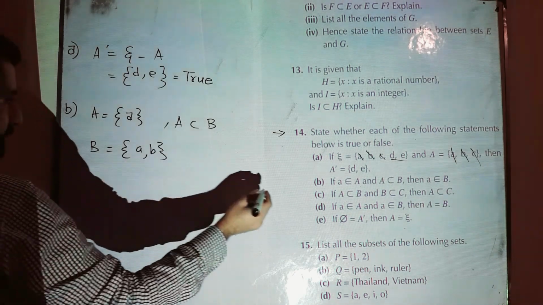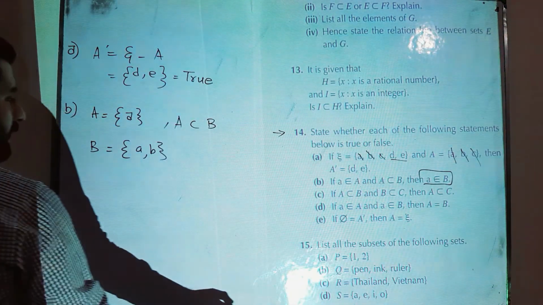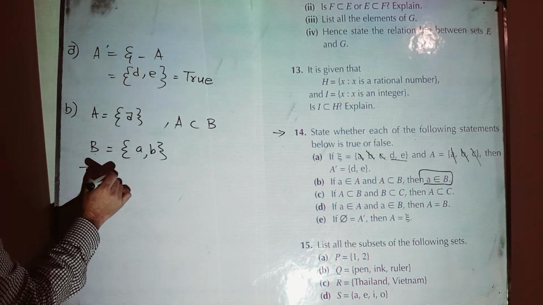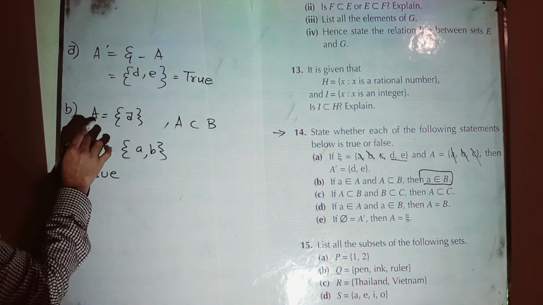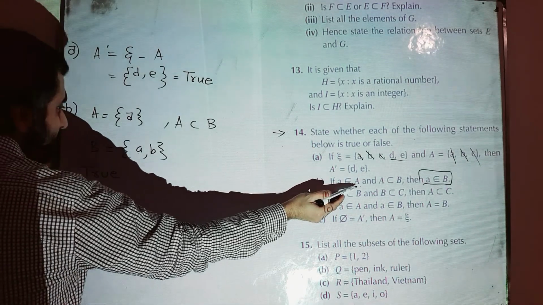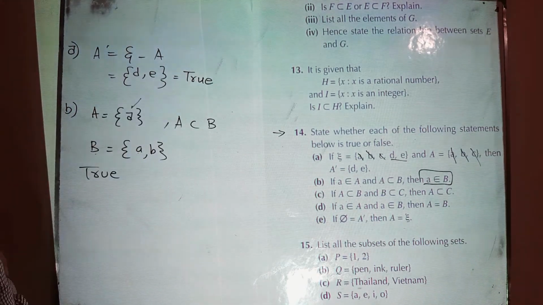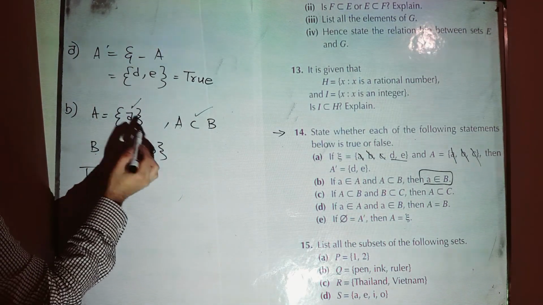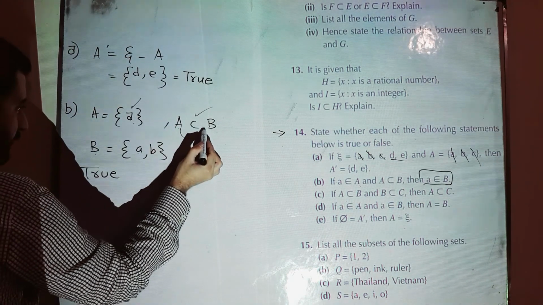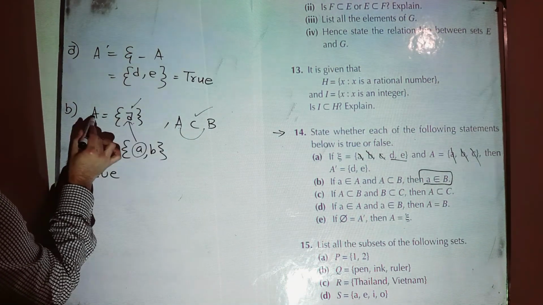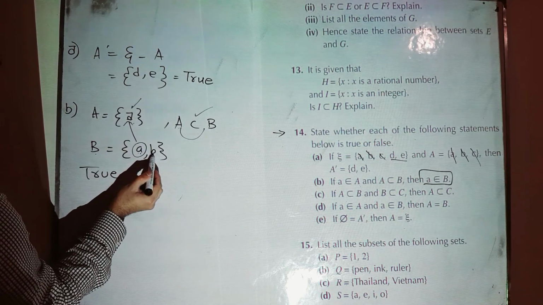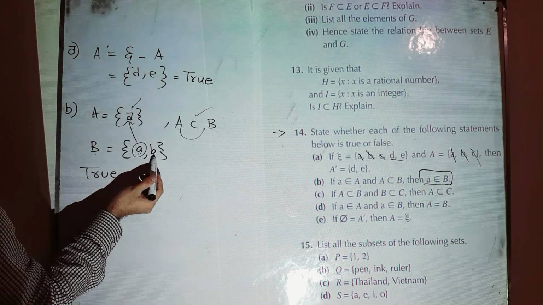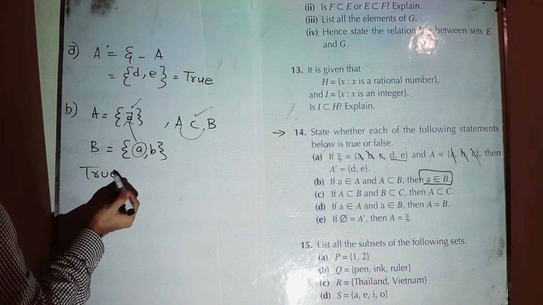Then the case is that A is an element of B as well. That is true. Revising it again, we have an element A that is part of set A, and if A is a proper subset of B, that means A is in B, and B must have one element that is not part of A. So I have just considered these to explain the problem.